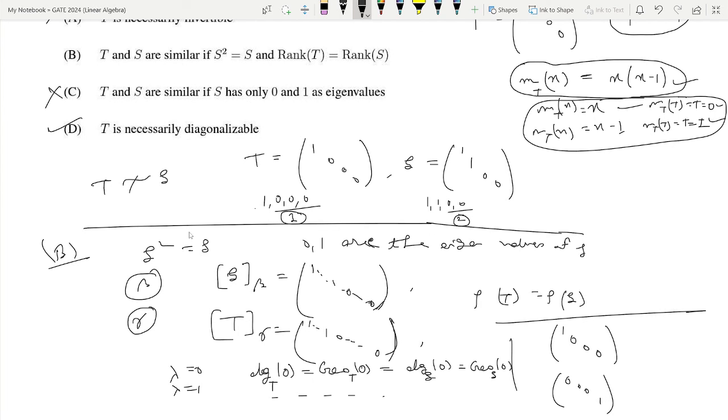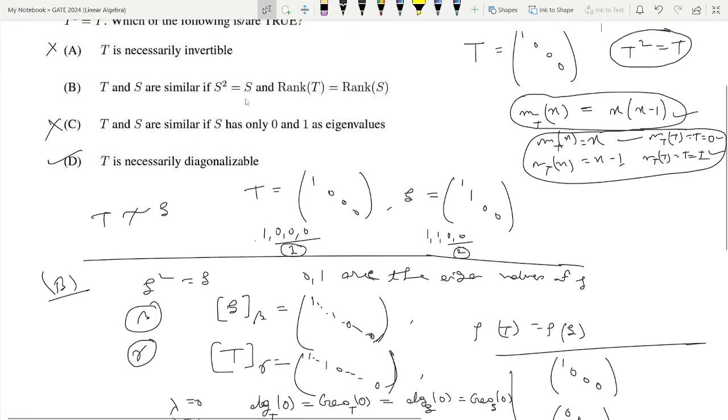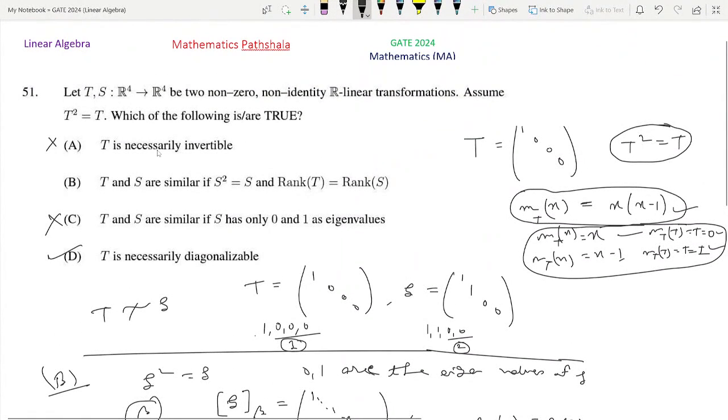So if rank S equal to rank T and S square equal to S, then T and S will be similar.